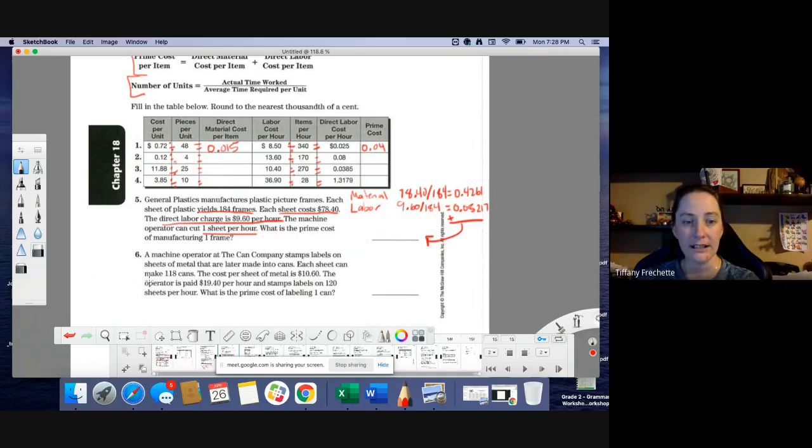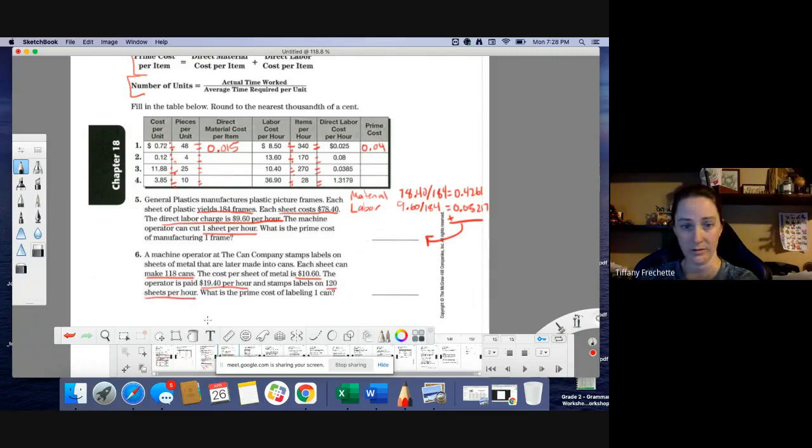Each sheet can make 118 cans. The cost per sheet of the metal is $10.60. So that's per sheet, so I already know I can do materials now. The operator is paid $19.40 per hour, and they can stamp 120 sheets per hour.